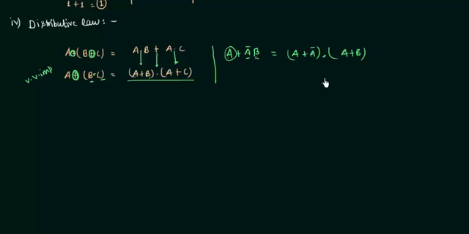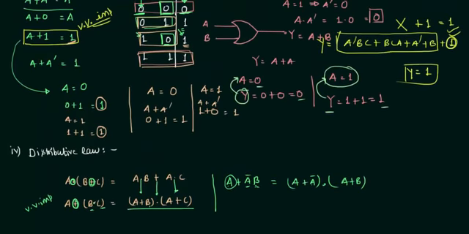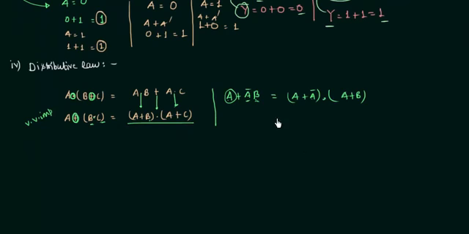And you very well know from the OR operation, A or A complement is equal to 1. So we have (A or A complement) as 1, and (A or B).